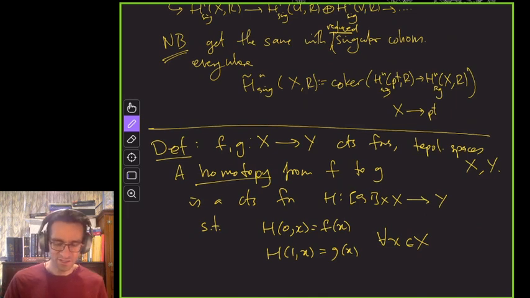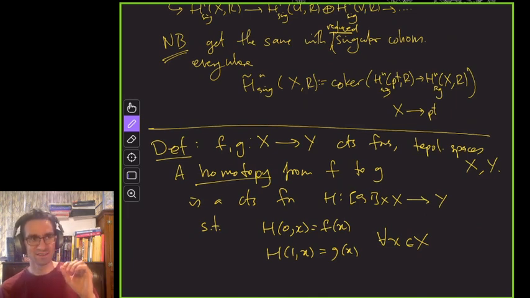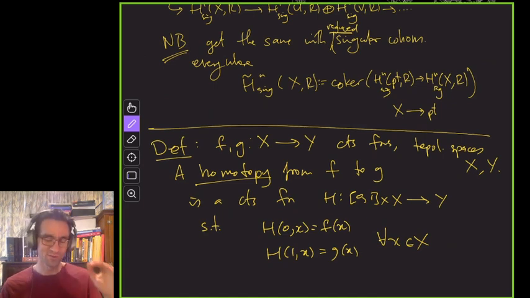For each t, h_t(x) is a continuous function from X to Y, and it somehow interpolates between f and g.